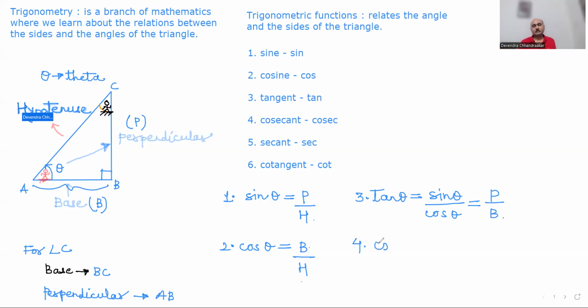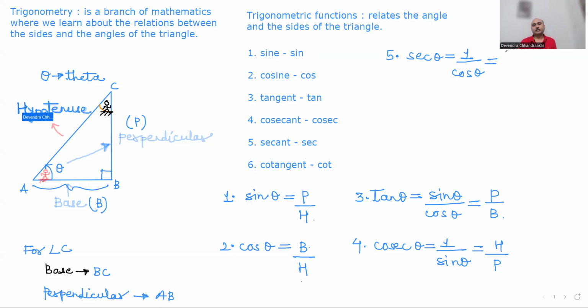Fourth one is cosec theta. It's 1 by sine theta. It's H upon P. The fifth one is sec theta. These are all inverses. The last three, fourth, fifth and sixth, are the inverses, 1 upon the first three.